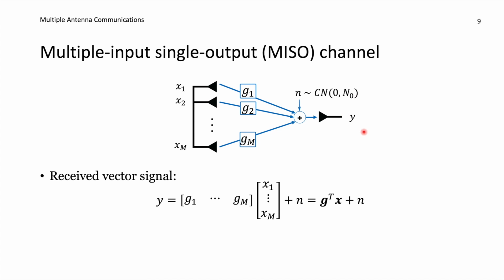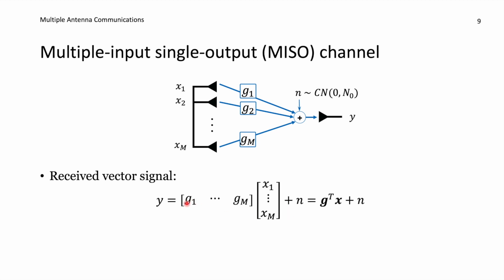We can represent this whole thing also in vector form. So y, which is a received scalar, is a product between a column matrix with X1 to XM and a row matrix with g1 to gM. And if you multiply these two together, you get X1 times g1 and XM times gM, and we add all those things up and we add noise to it.